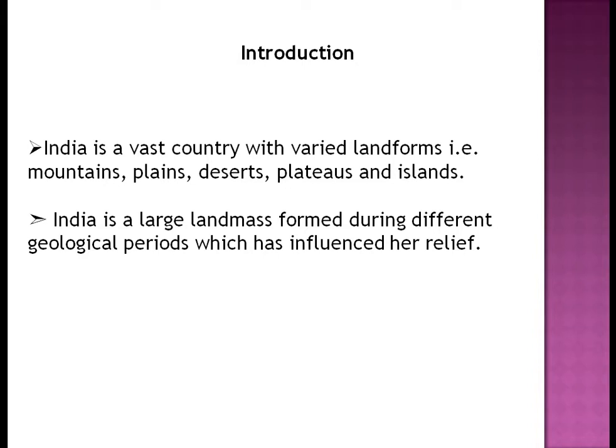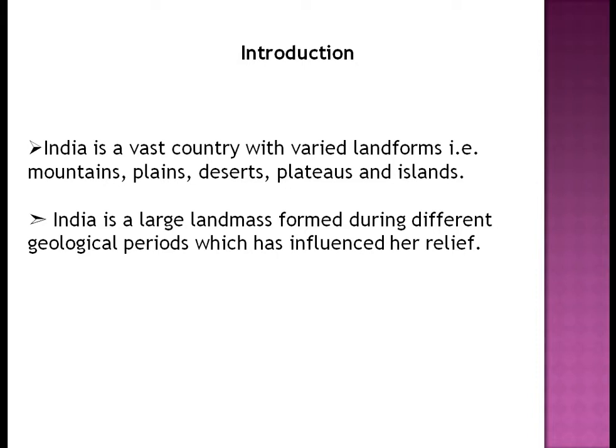All the physiographic features are formed on the basis of plate tectonics. This part has been removed from your syllabus, but only for your information I am telling you there is an assumption that plates exist. That's the plate tectonic theory.